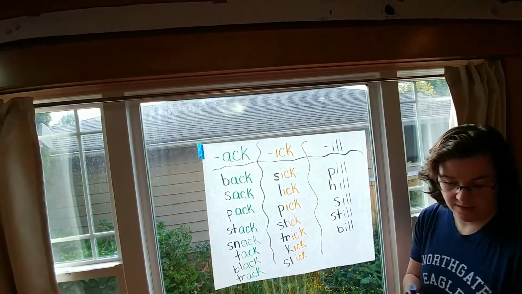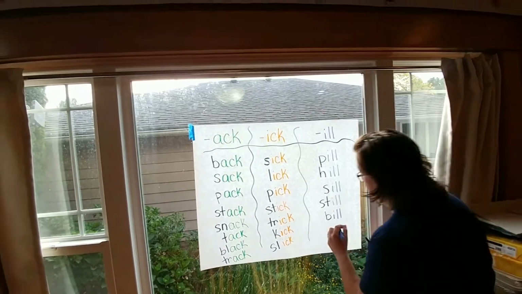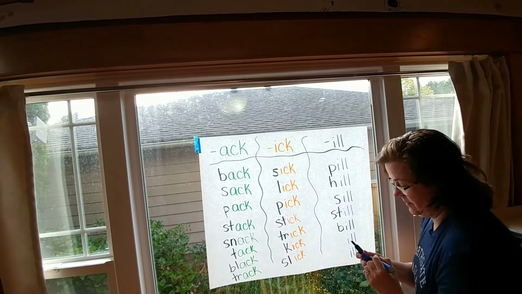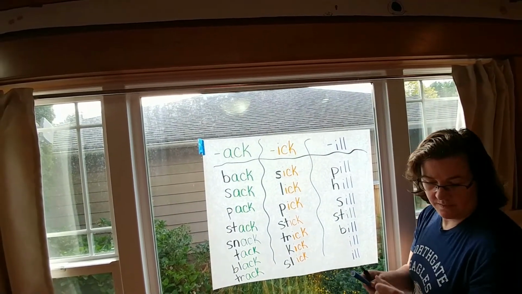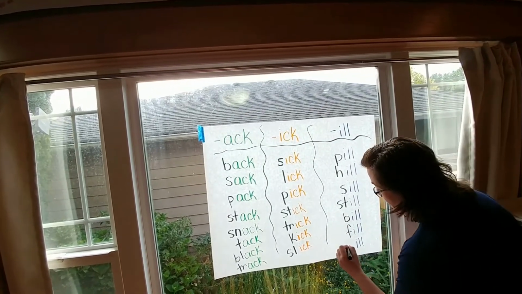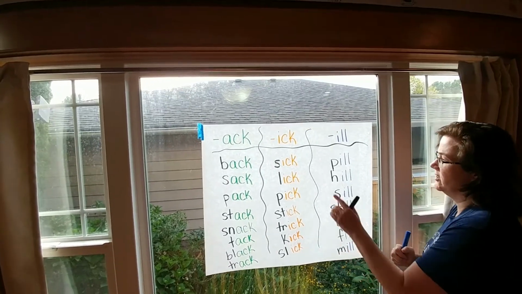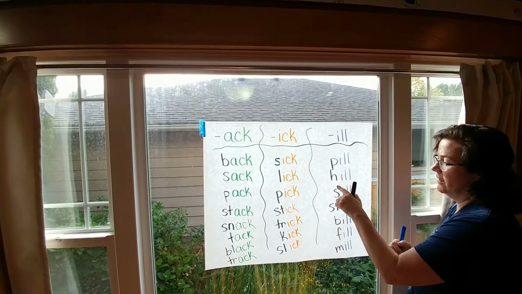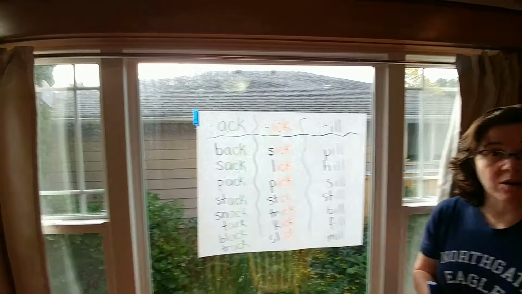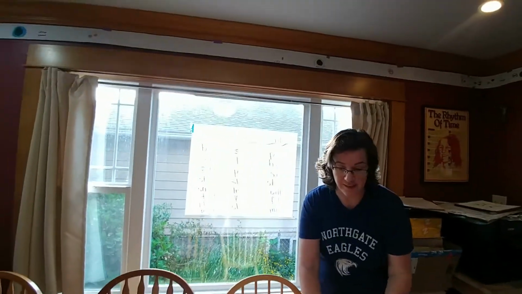Now we have our ills. Our ill we have, let's put a fill and a mill where they make wheat, where they grind the wheat. Let's do it again. Pill, hill, sill, still, bill, fill, mill. If you think of more, send them in to me so we can finish up our chart. It's awesome. Very nice. All right.